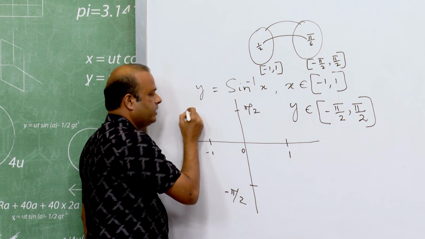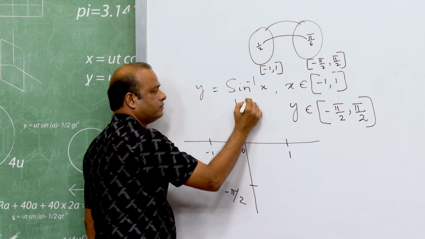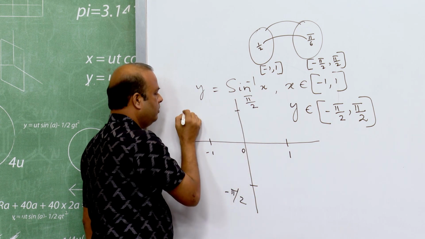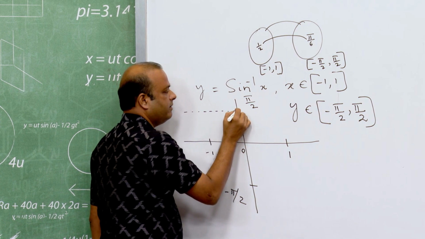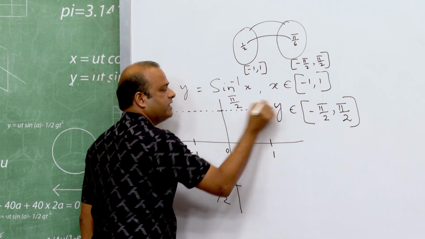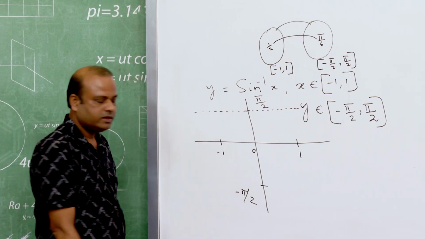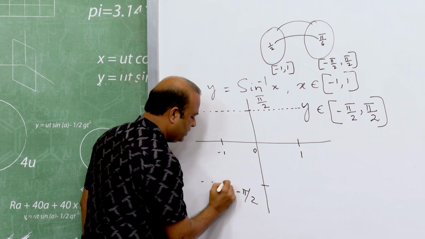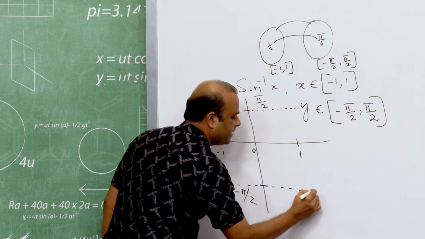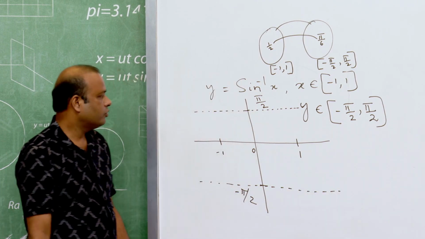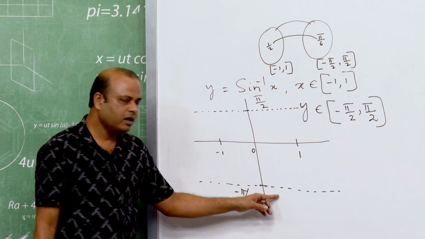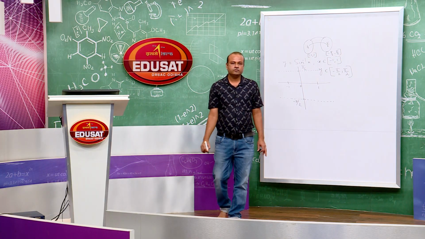So, here I am drawing one line which crosses pi by 2 and another one which crosses minus pi by 2, like. So, here pi by 2 and here minus pi by 2.